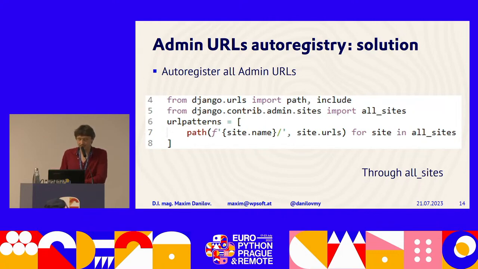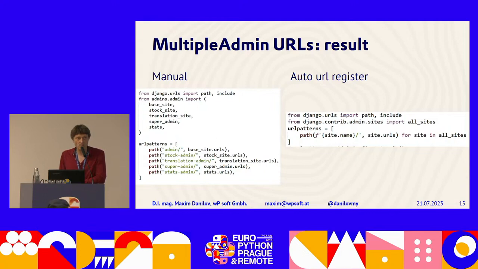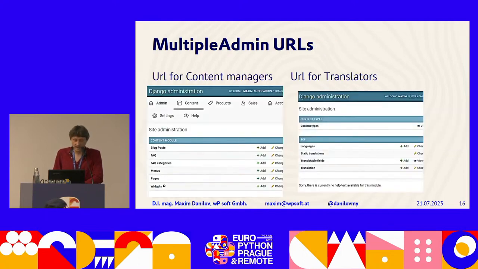After that, it doesn't matter for me how many admin sites I have: there is always only one line in admin urls.py, and all this happens automatically. If I create a new admin site, its URL comes automatically, and of course, for me, it is better. What do I mean by multiple admin URLs?